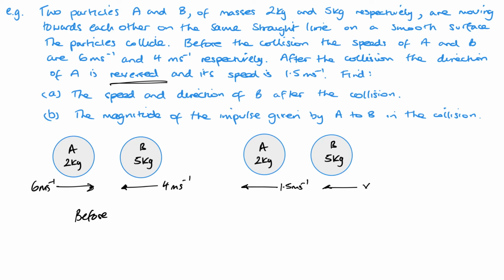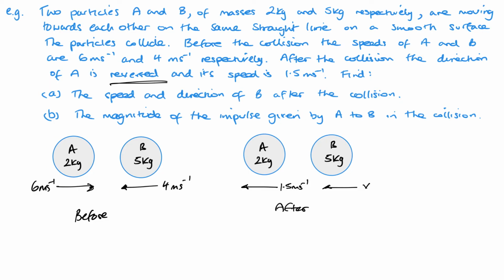I think it makes more sense to assume that. If I think about it logically, it was a heavier object hitting it, it's changed the direction of this, it's most likely going to carry on in the same direction. Obviously, if I get this guess wrong, I'll just end up with a negative value, which will then tell me that it's going in the other direction. So it makes no difference, but logically, that is what I would expect to happen.